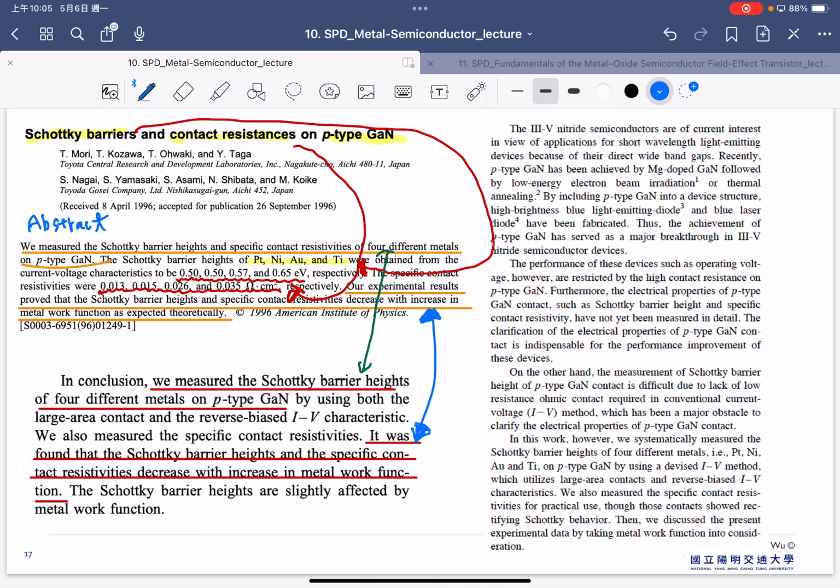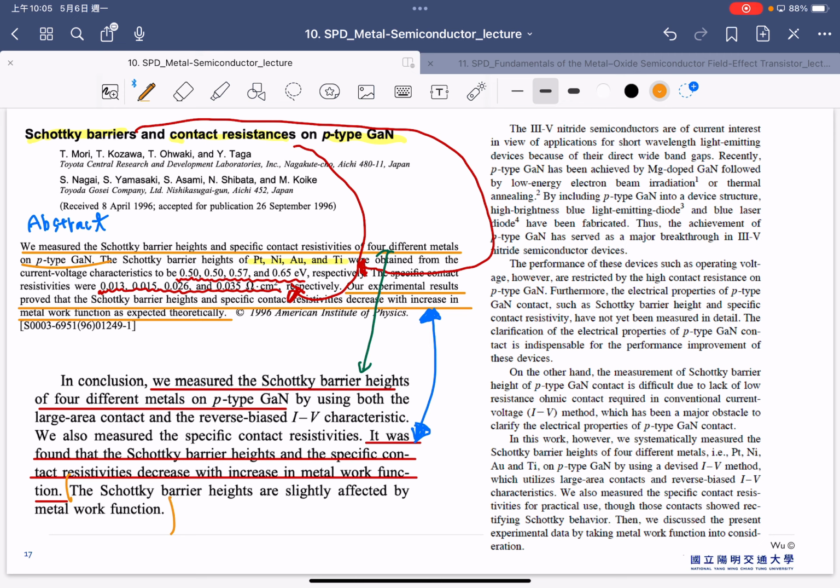Also, the last sentence is the same: the Schottky barrier heights are slightly affected by the metal work function. So now you can see the abstract and the conclusion are trying to deliver very similar things, always related to this.